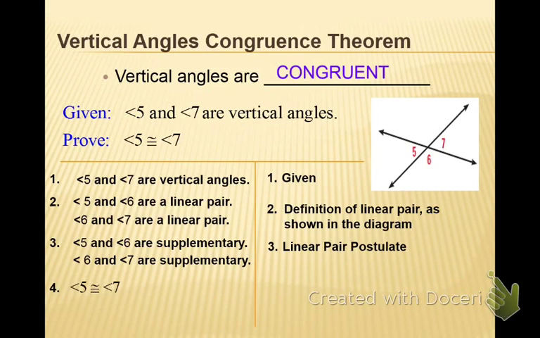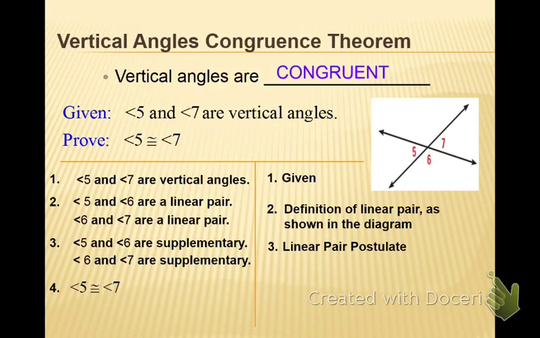Vertical angles congruence. Nope, we don't have vertical. We're not working with vertical angles here. I see what you're saying. It doesn't fit this proof though.